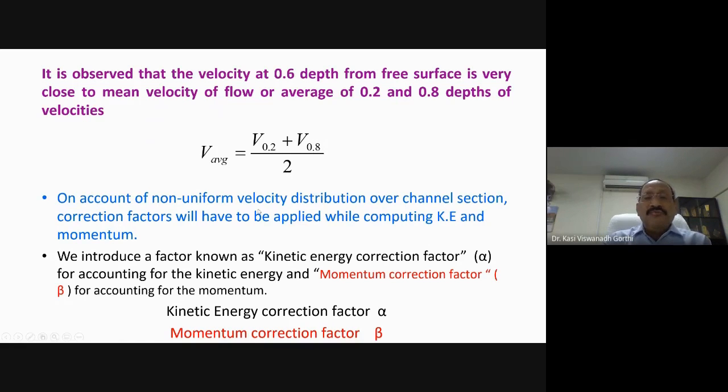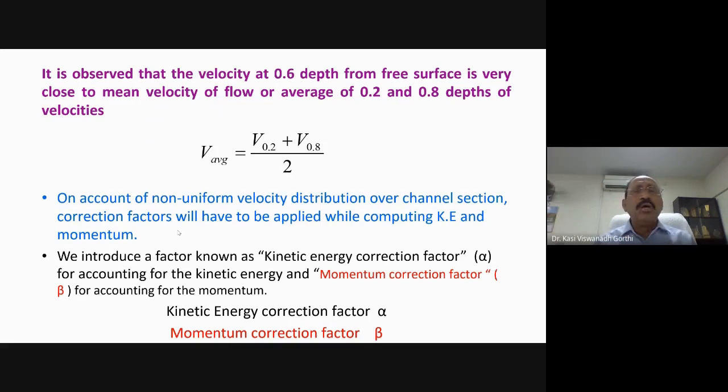On account of non-uniform velocity distribution over the channel section, we have to provide certain correction factors for computing the kinetic energy as well as the momentum, because we are calculating the kinetic energy and the momentum based on the mean velocity capital V. But when you compute the kinetic energy by considering the actual velocity distribution, both the kinetic energies will not be equal.